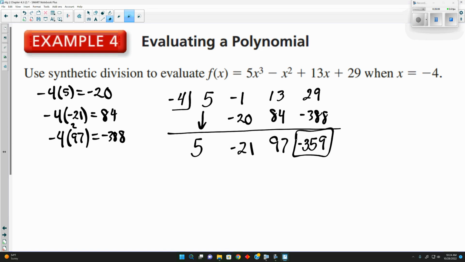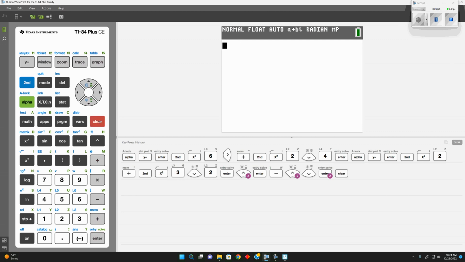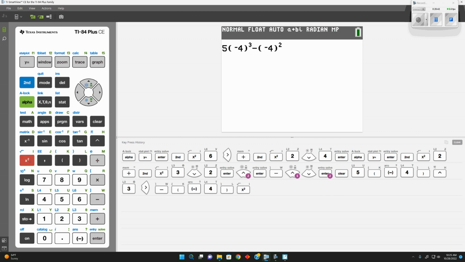So we get this here, yes? Questions on any of this so far? So they're saying to evaluate, yes? Now, we did this differently earlier this week on Tuesday, because we talked about evaluating on Tuesday, yes? On Tuesday what we said is that we would say 5 times negative 4 to the third minus negative 4 squared plus 13 times negative 4 plus 29.